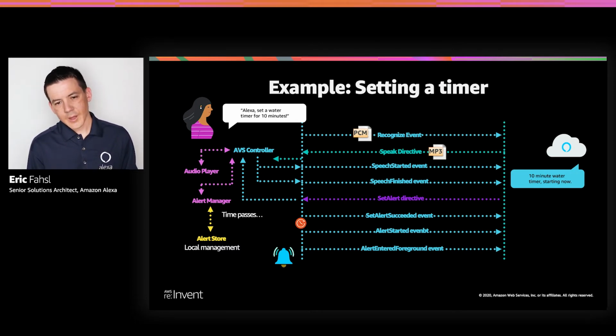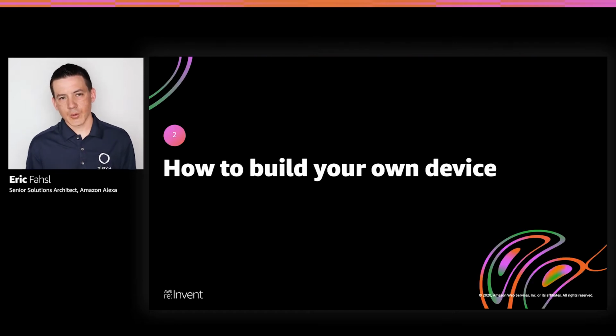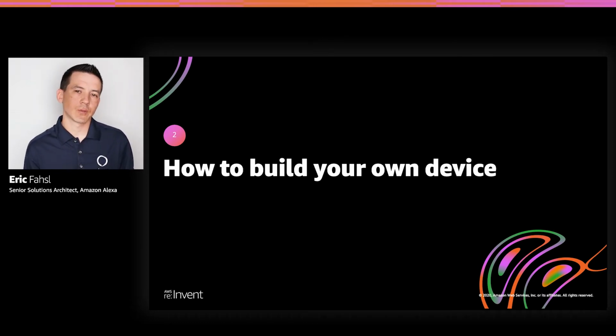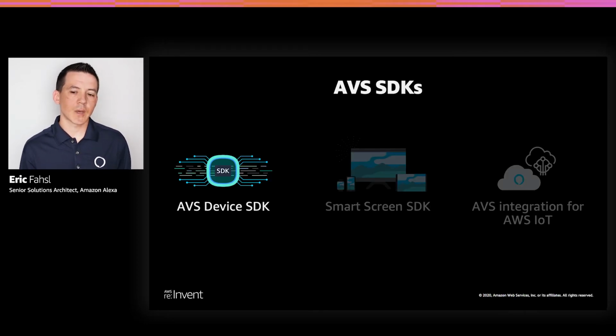So let's talk a little bit about how you can add software to your device so that you can turn it into an Alexa built-in one. And with that, we're going to talk about 3 different SDKs we have available. The first one is the AVS Device SDK.